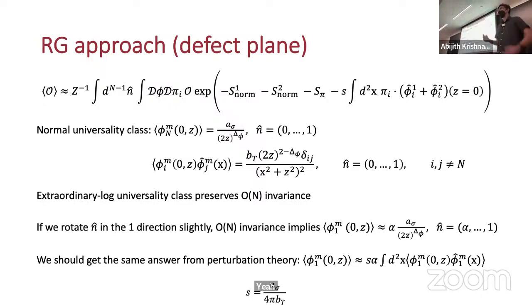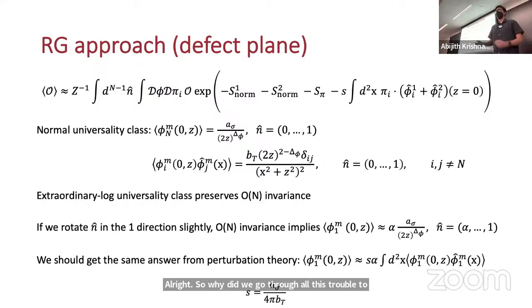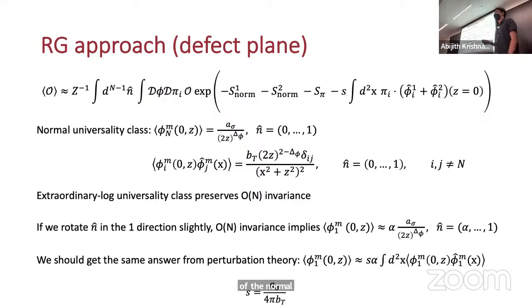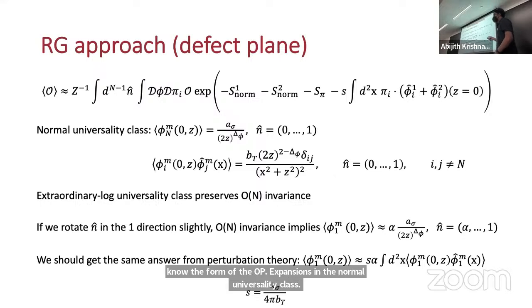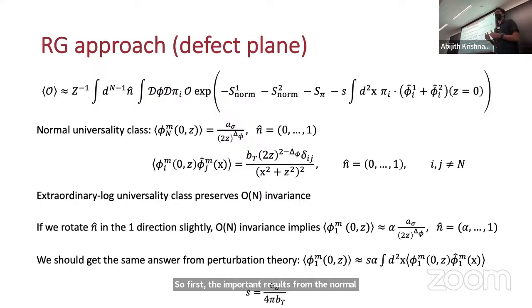All right, so why did we go through all this trouble to write the extraordinary log universality class in terms of the normal universality class? Well, it turns out a lot is known about the normal universality class. In particular, we know the form of the OPE expansions in the normal universality class. So first, the important result from the normal universality class is that if the field is frozen in the nth direction, the nth component of phi falls off as a power law from the defect.